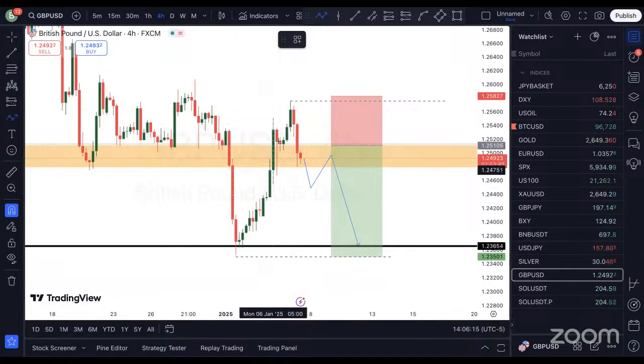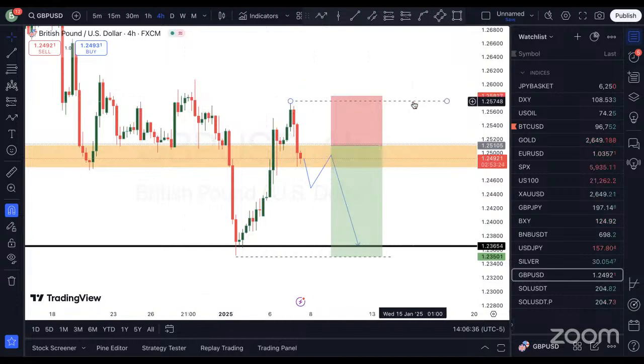This move did not break any level, so it's important that we note that. This bullish move did not break any level. This was the previous level we have in the market before now. So all of this move that happened today did not break that level.